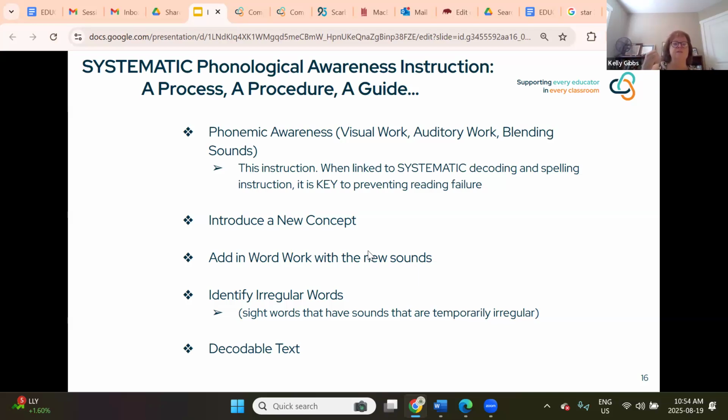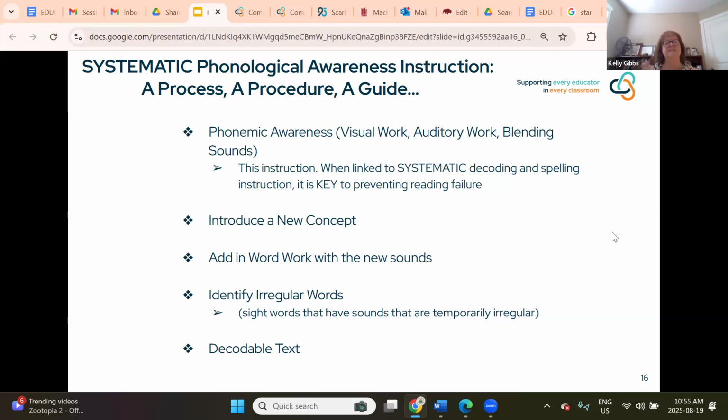So the whole process is doing phonemic awareness, the visual work, the auditory work, the blending work, introduce new concepts, add in word work with what new sounds you've taught, identify those irregular words. So it's become much more meaningful for us to help students to identify sight words that are only sight words because they have sounds in them that are temporarily irregular.